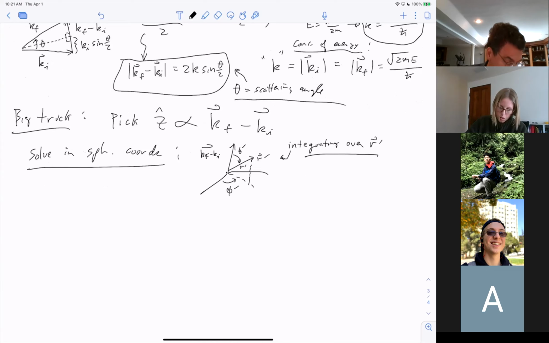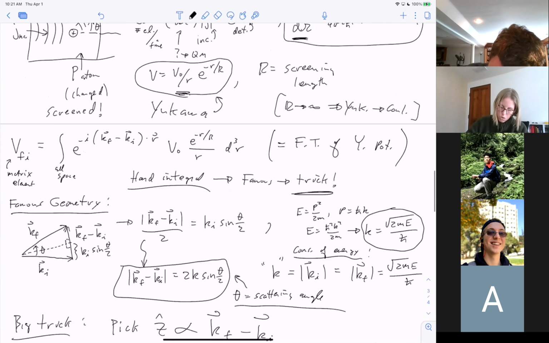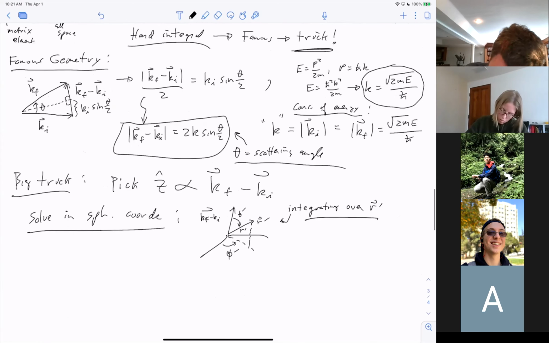Okay, and so this is the integral. I have it written up there.